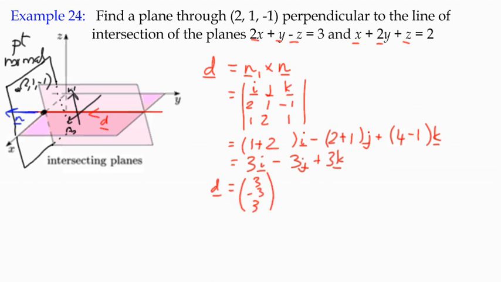But if we take a common factor of 3 out, remember it's just a direction we're looking for, so a simplified version of that is everything divided by 3.